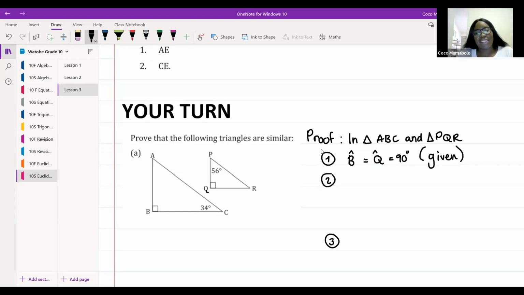Okay, anybody else got something that they can help me with? Anything else? Tiana, what's up? Ma'am, so, because now we know the angle is 90, I want to say 90 plus 56 plus the angle R, to get its sides.